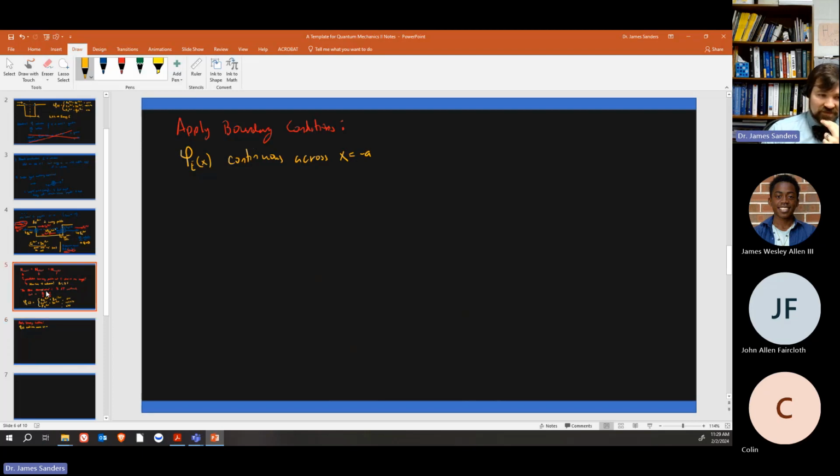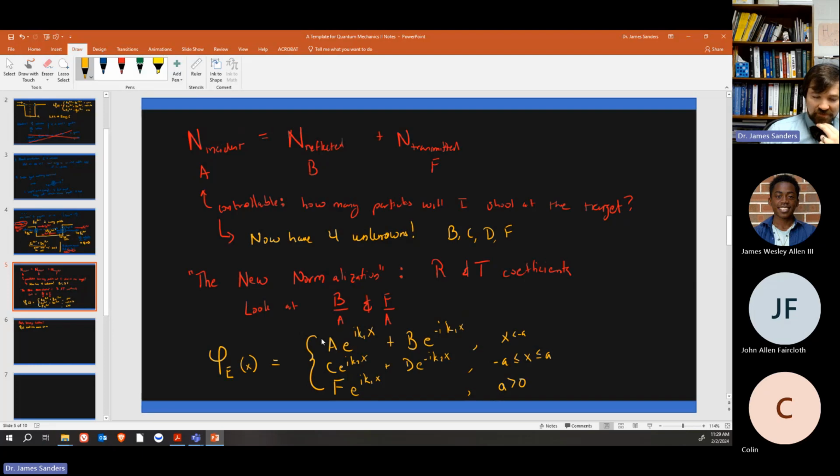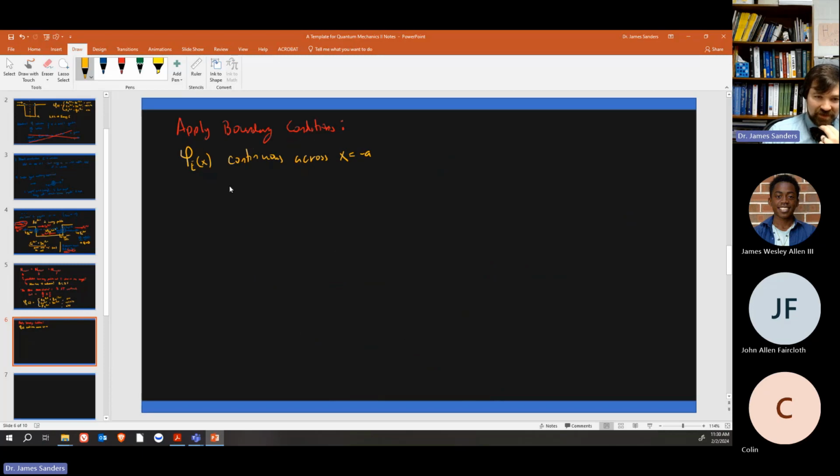That basically means that these two top equations have to equal each other at x equals minus a. So that means a e to the minus i k1 a plus b e to the plus i k1 a is equal to c e to the minus i k2 a plus d e to the plus i k2 a.